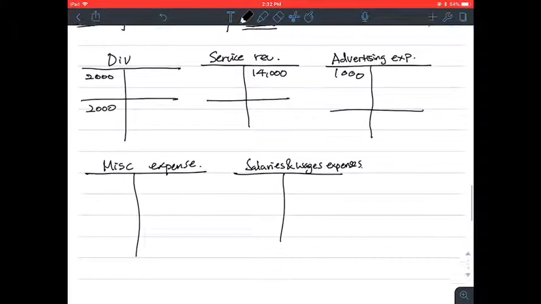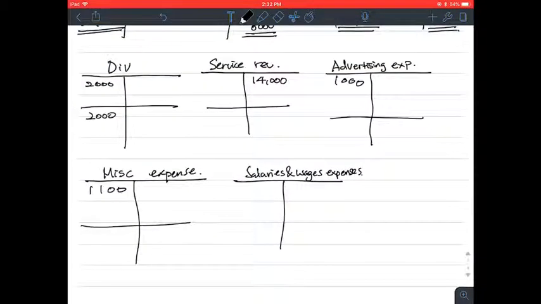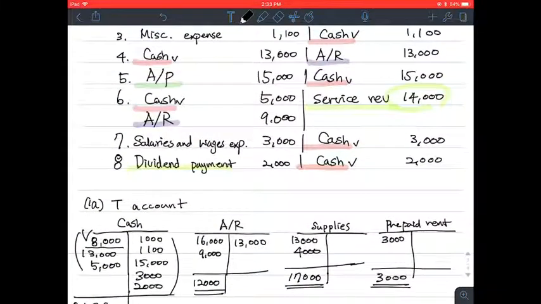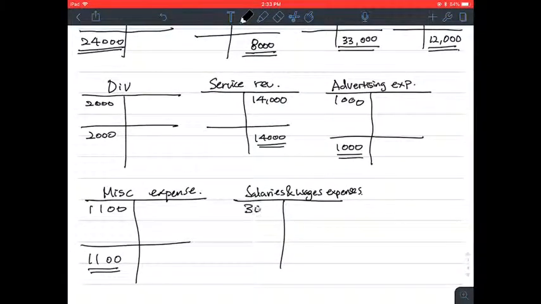And for miscellaneous, it was 1,100, and the balance should be like this. And for salaries and wages expenses it was $3,000, right? So you write it like this. The balance is debited $3,000. That is your T accounts.